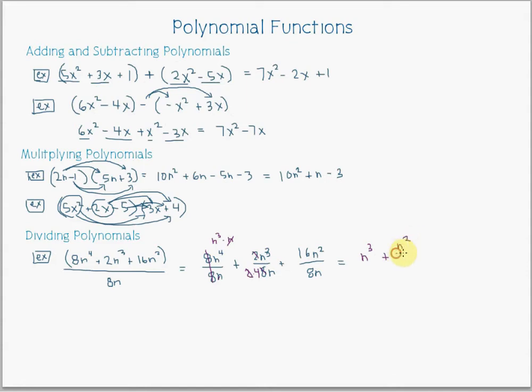And hopefully if you have problems with this, go back to our simplifying fractions, because I am going pretty fast on simplifying these fractions because we had a whole other section on it. So if you need more help with simplifying fractions, you'll need to head back to that section. Here, the 16 becomes 2, this becomes a 1, and we're able to cancel out one of those n's. So we're left with 2n. So see how this becomes this simplified form.